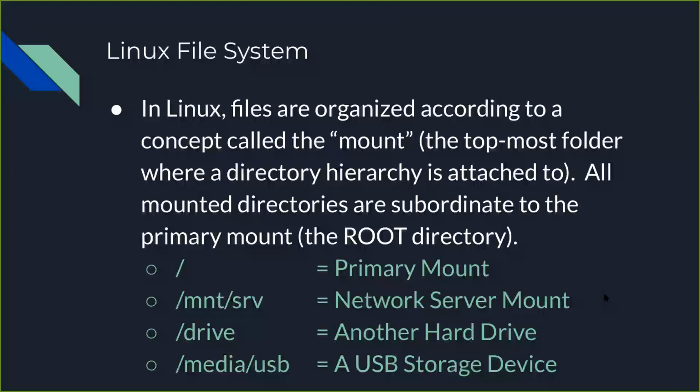Now the difference here is that you'll never see anything called /c or /main hard drive, because that top root directory is assumed to be the primary hard drive. And so this is one case in which translating between Windows and Linux can be a little challenging.